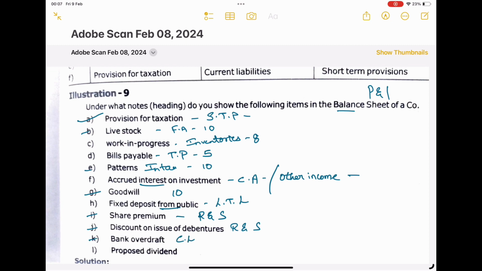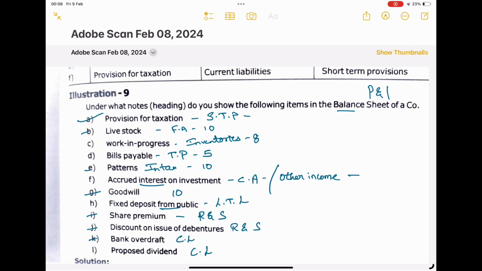Bank OD, it is a current liability. Proposed dividend, it is also a current liability only. Okay, so this is how we are going to identify each and every item which they have given in your respective questions. Then we slowly start with the solutions.